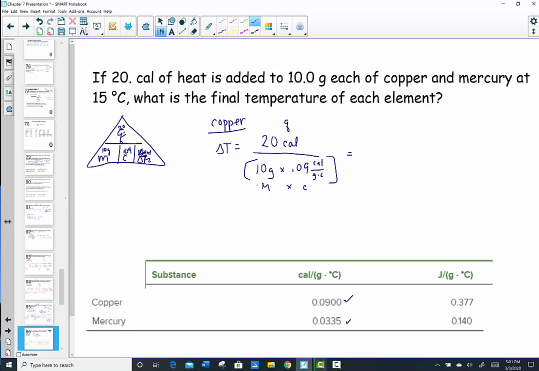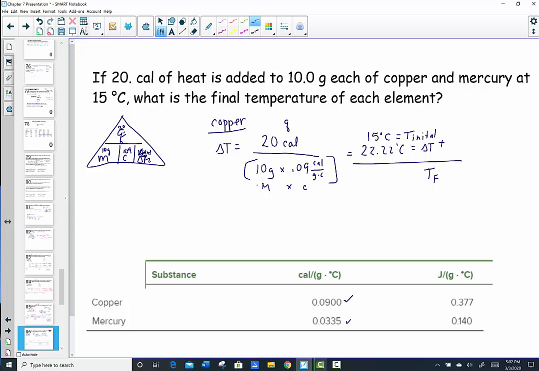So let me hit that for us. We'll have 20 divided by parenthesis 10 times 0.09. And I hit enter and it says 22.22 degrees Celsius. Now, if it started at 15 degrees Celsius and you added heat, the new temperature will be 22.22 degrees higher than 15.